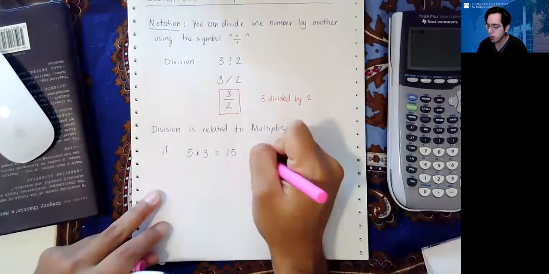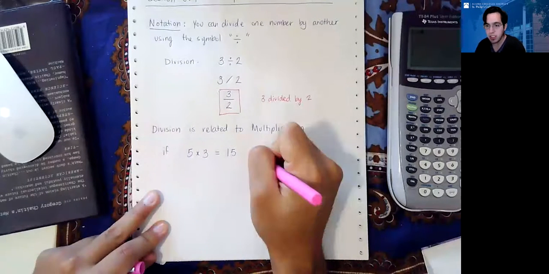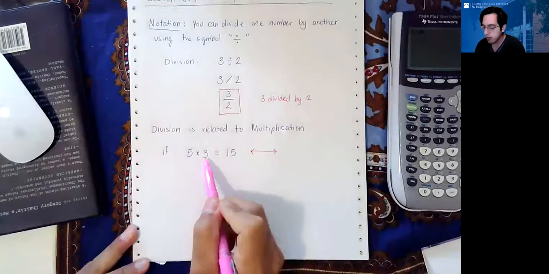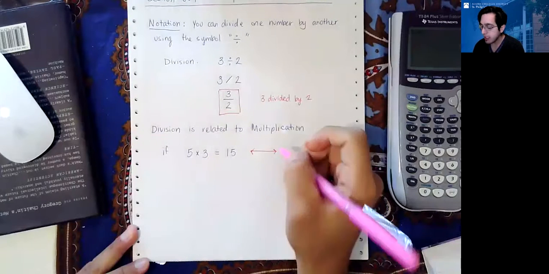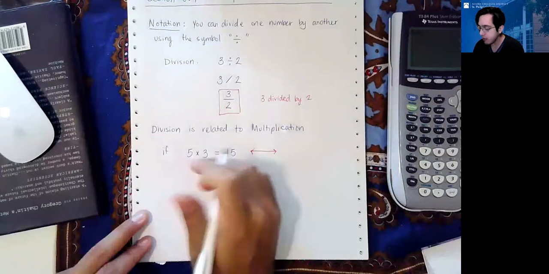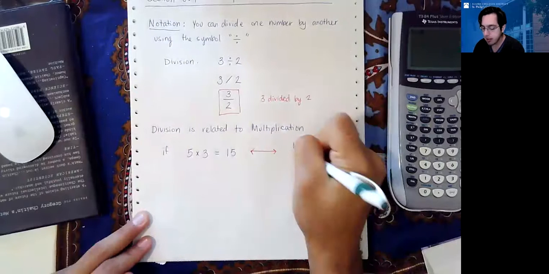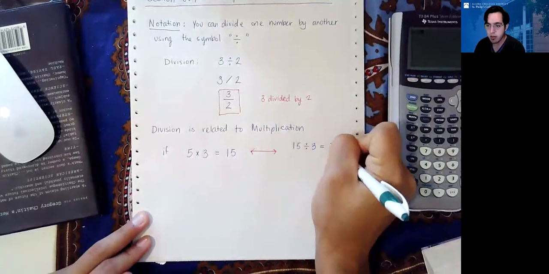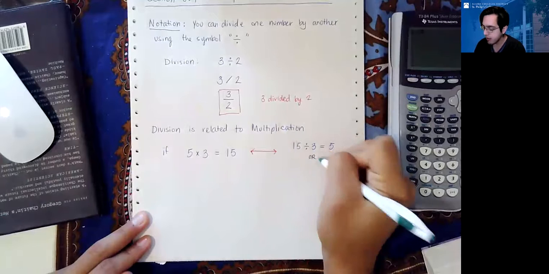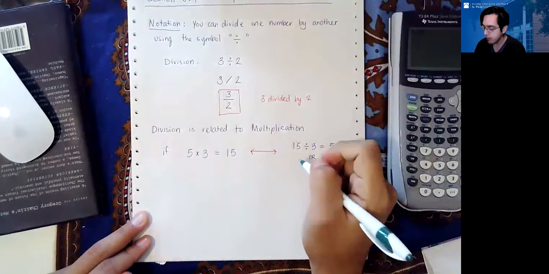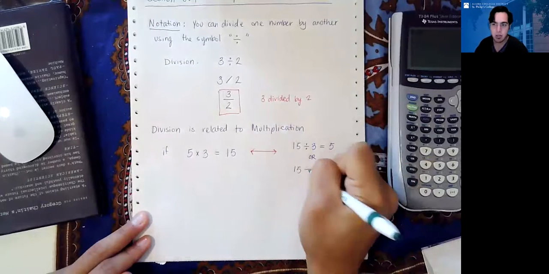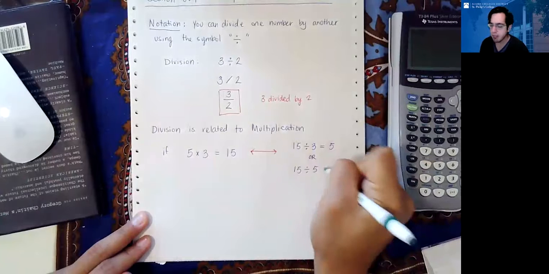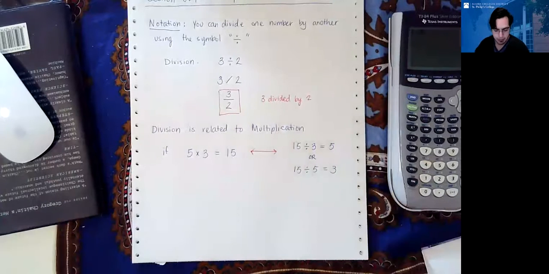That means that we know some relationship between 5 and 3 and 15. That 5 times 3 equals 15 tells us that 15 divided by 3 is equal to 5, or it tells us that 15 divided by 5 is equal to 3. That's the relationship between those numbers.